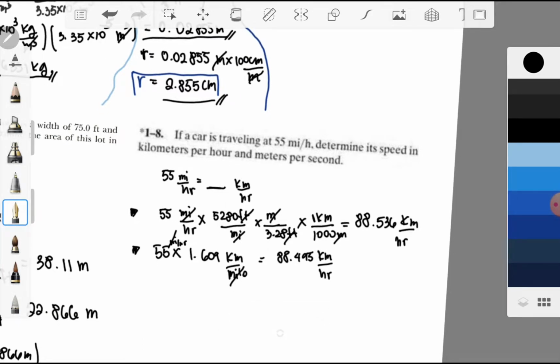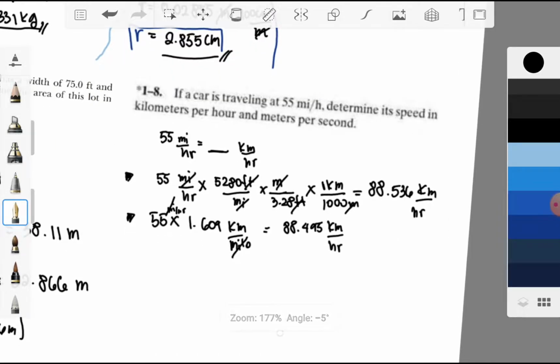Take note that your 1.609 is already a rounded value in your conversion of units. But your 88.495 and 88.536 are almost the same with each other. It's just the rounding off of numbers that has made that difference.